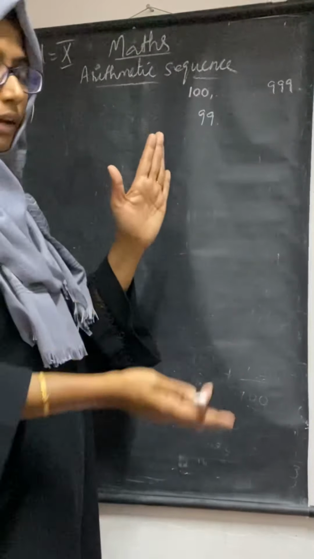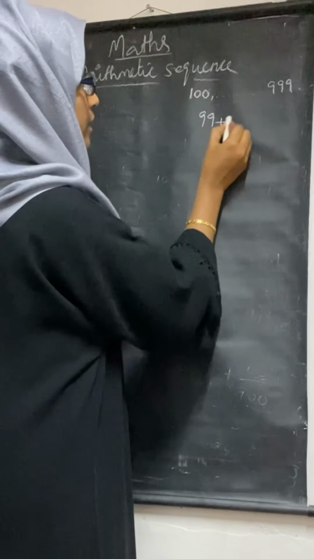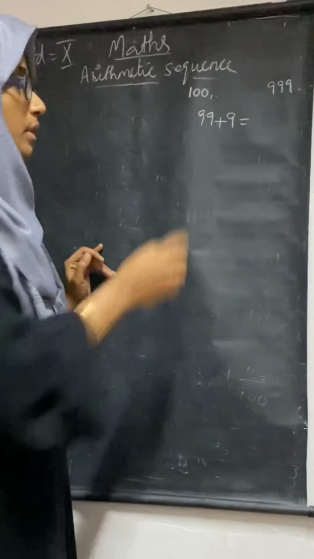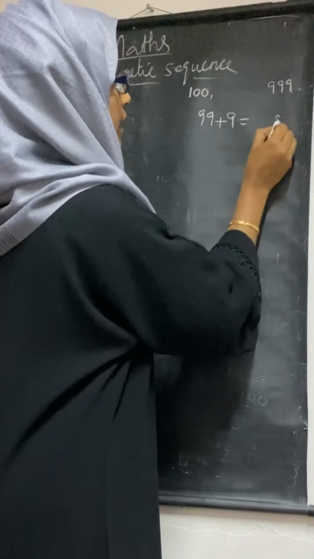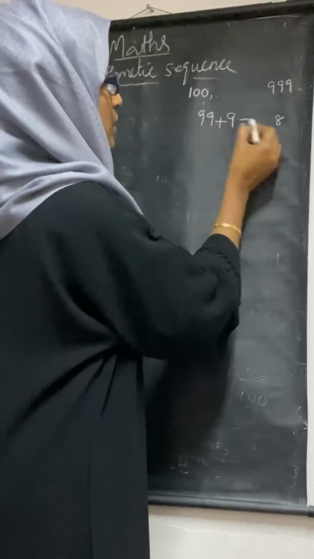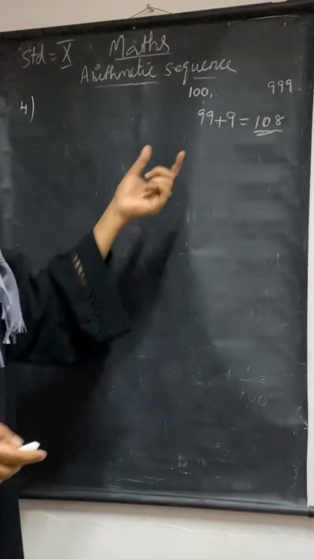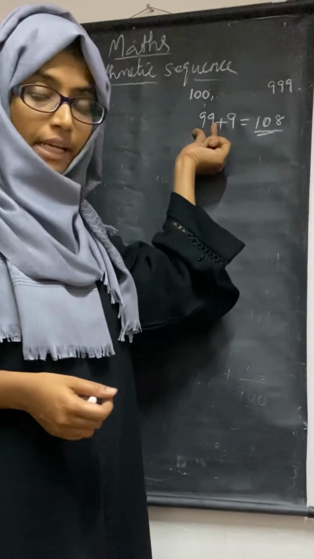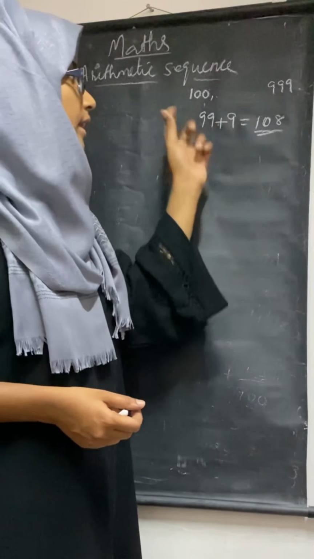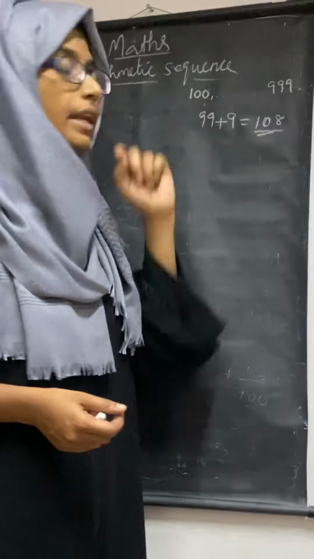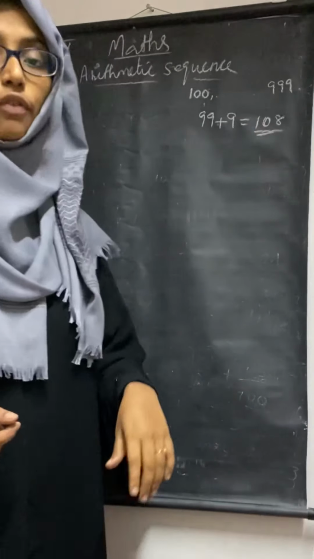So 99 plus 9, what will be the answer? 99 plus 9, it is 18, 1 carries, 9 plus 1, 10. So 108 is the answer, which means 99 is a multiple of 9 and the next number will be 108, which is a multiple of 9.